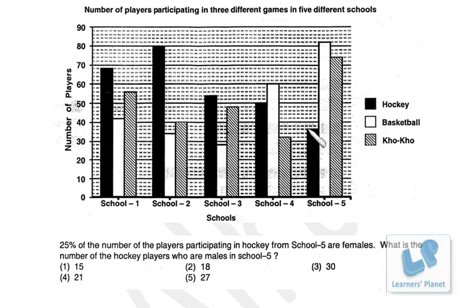So it is showing 36, right? So 36 is the total number of students participating in hockey from school 5. Out of them, 25% are females. That means 9 are females. So remaining 27 are males. Okay. So what is the number of hockey players who are males in school 5? That is 27. Right?